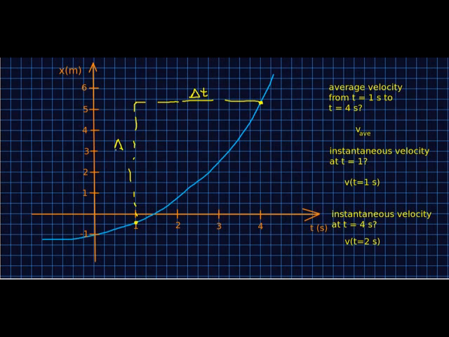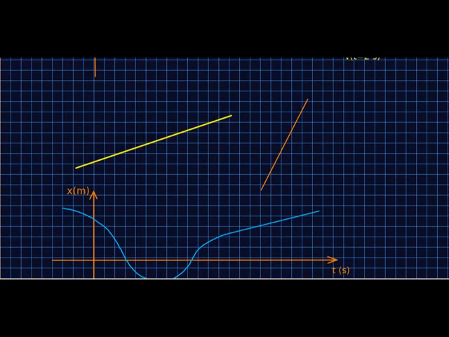And so the velocity is the slope of this straight line. The slope of that line is the average velocity from t equals 1 to t equals 4. On the other hand, the instantaneous velocity at t equals 1 would be a tangent line.